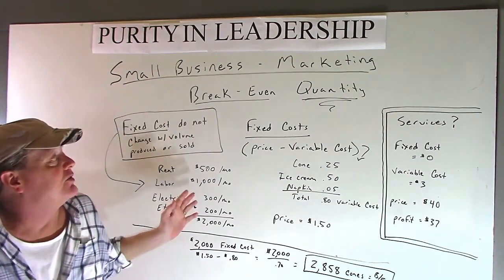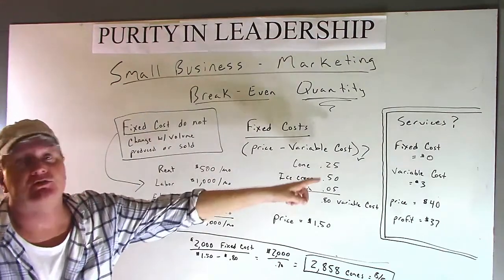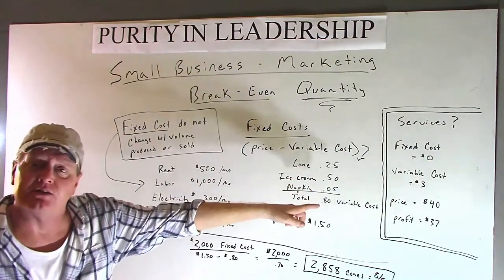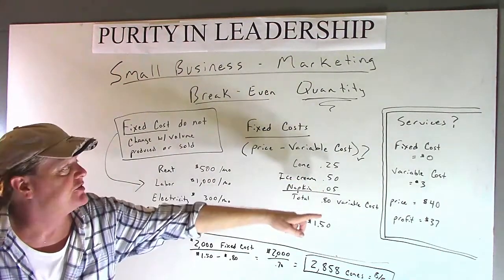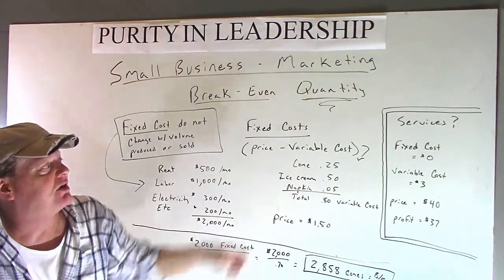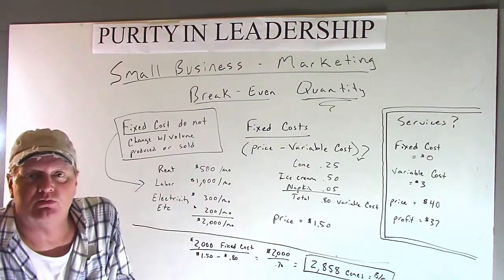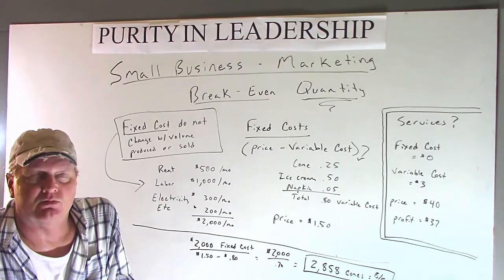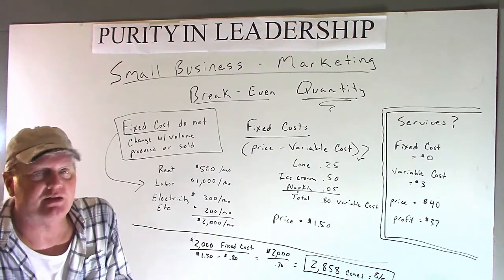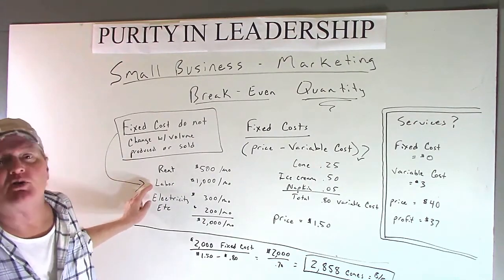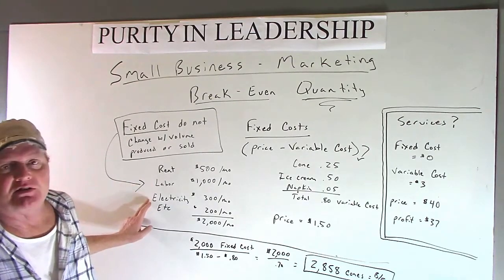Now, on the bright side, I can go over to services, which is the life I lived for 10 years. My fixed costs were zero. They were zero. I didn't have rent. I had labor on occasion. No electricity.